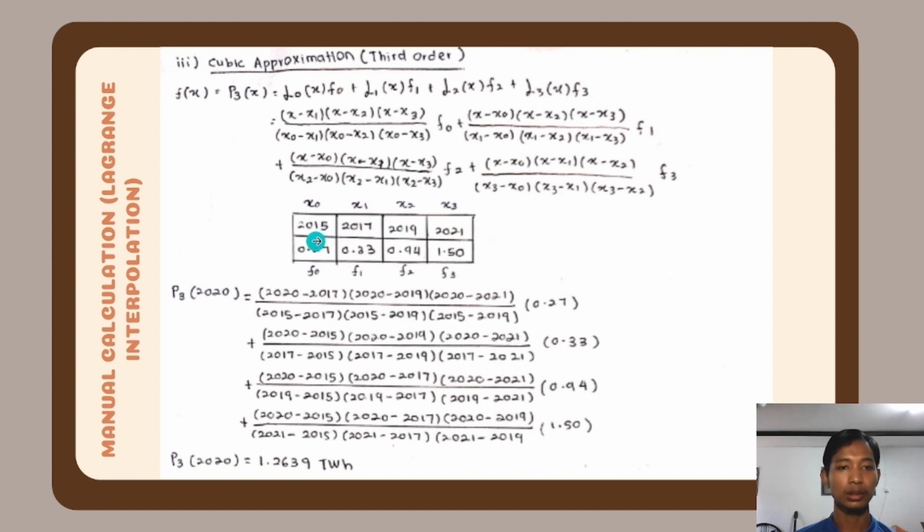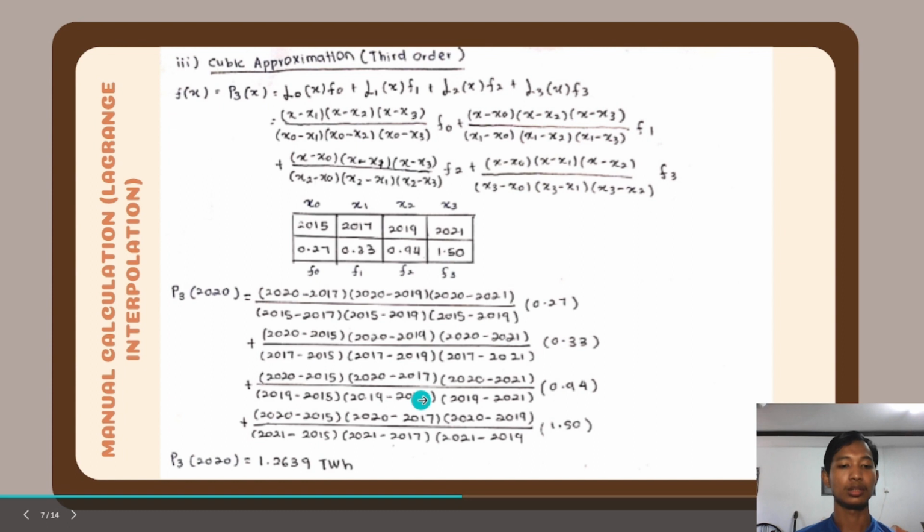Here we choose the year as the X and the electricity generation from solar as the F. We just insert the data into the formula and we get the answer for the cubic approximation, which is 1.2639 terawatt hour.